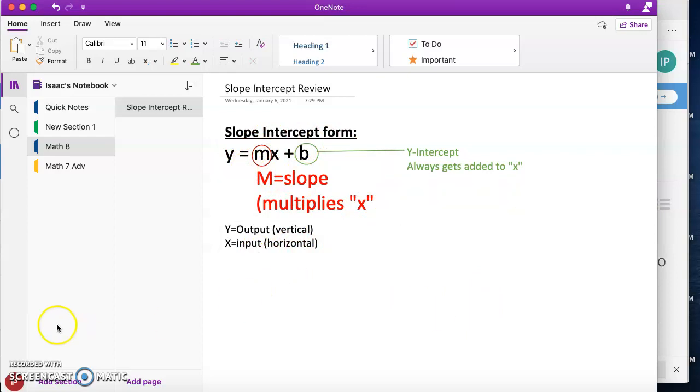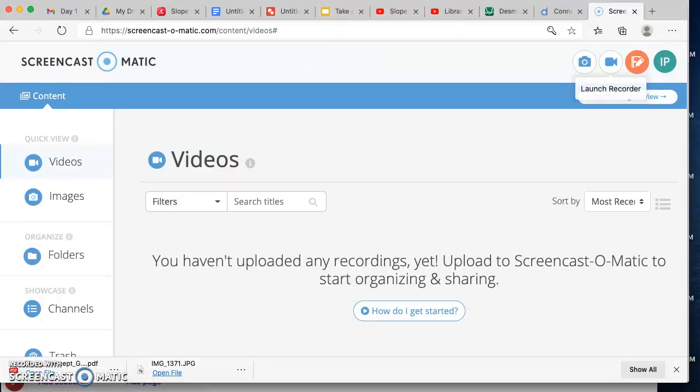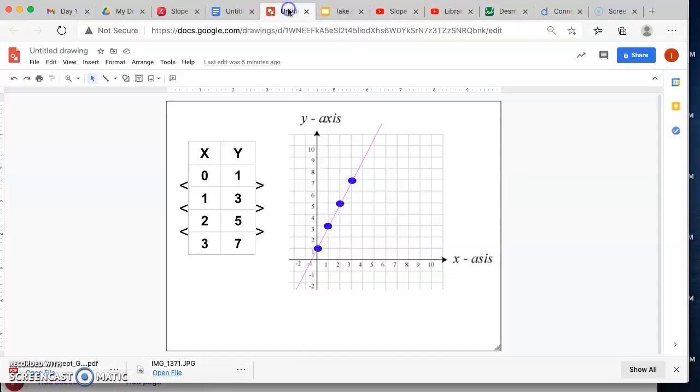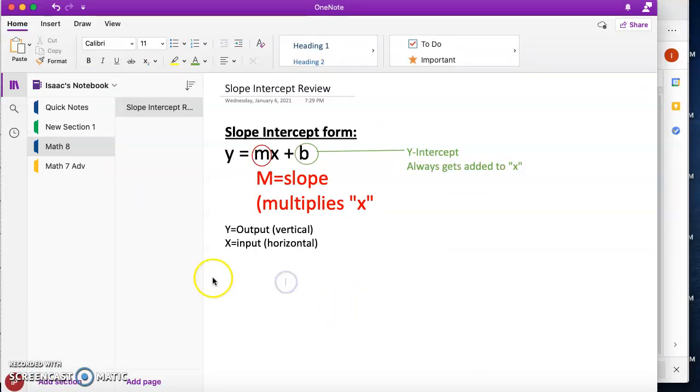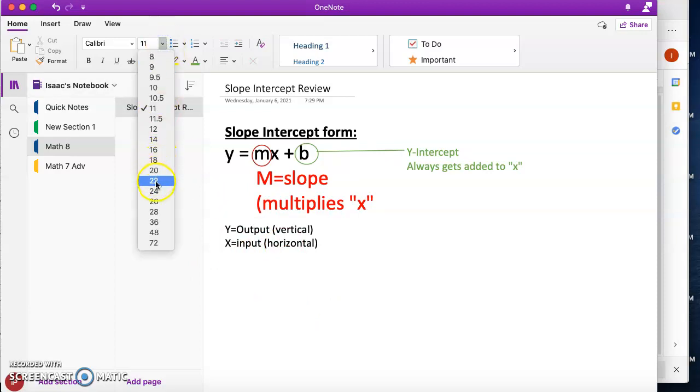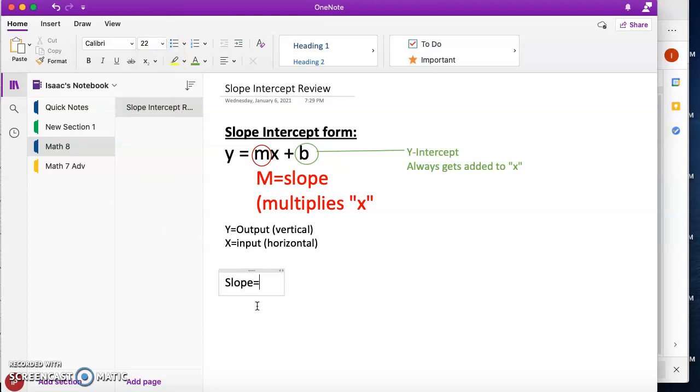Now let's talk a little bit about slope specifically, all by itself, without talking about y-intercept yet. In the most numerically simple form, slope is a ratio.